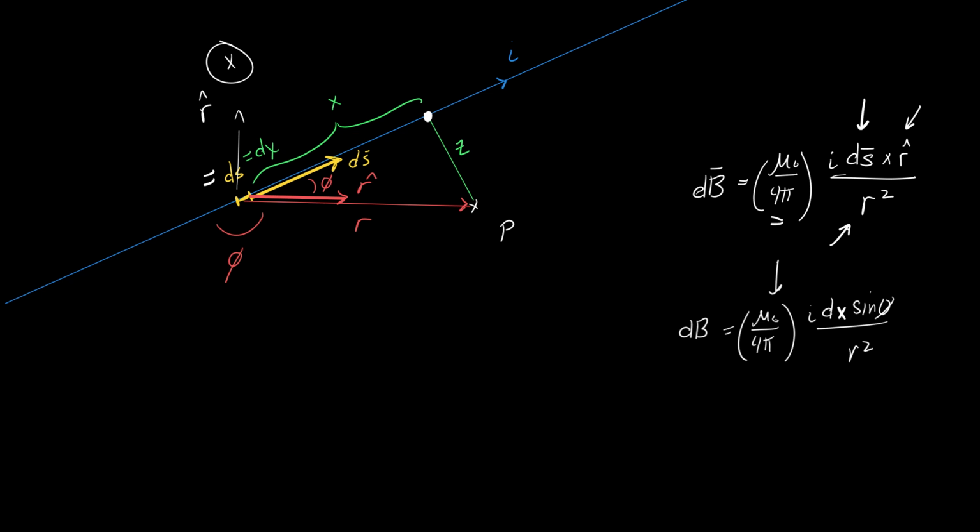Just looking at that, I think you realize that sine of phi is z over r, correct? And we can replace r with the square root of x squared plus z squared. So if we want, we could write sine of phi in terms of x.